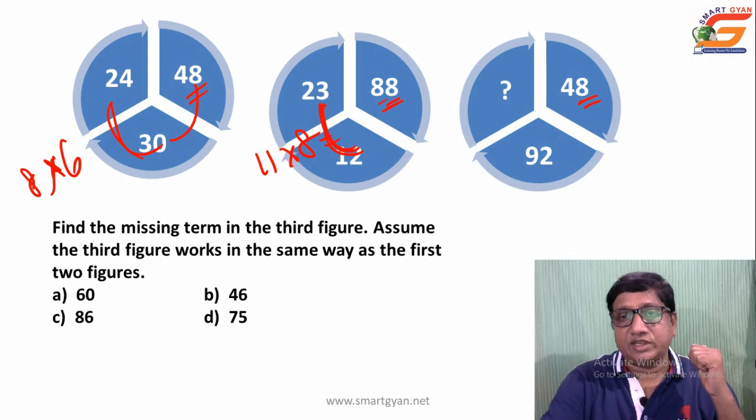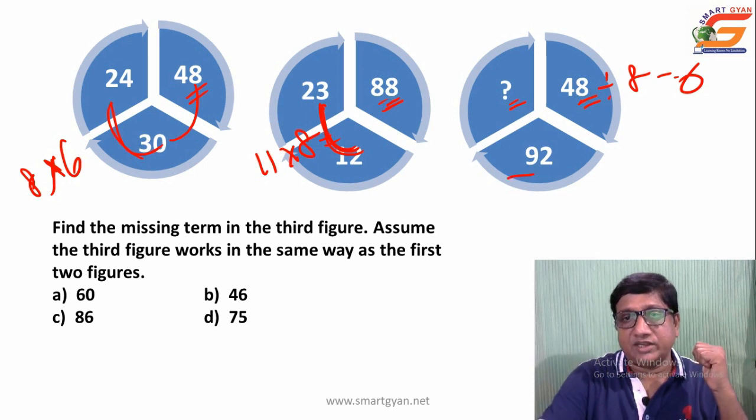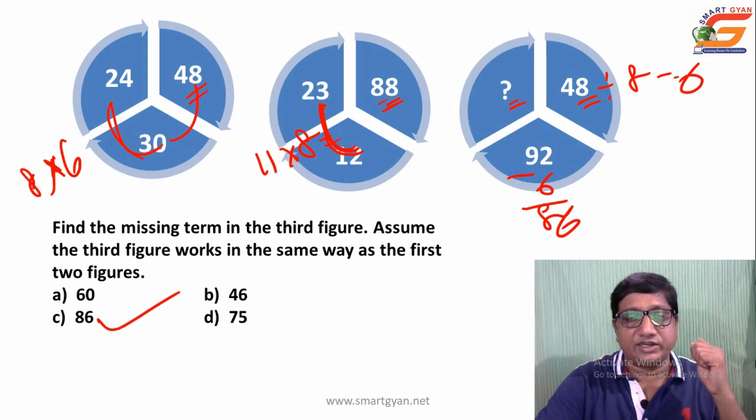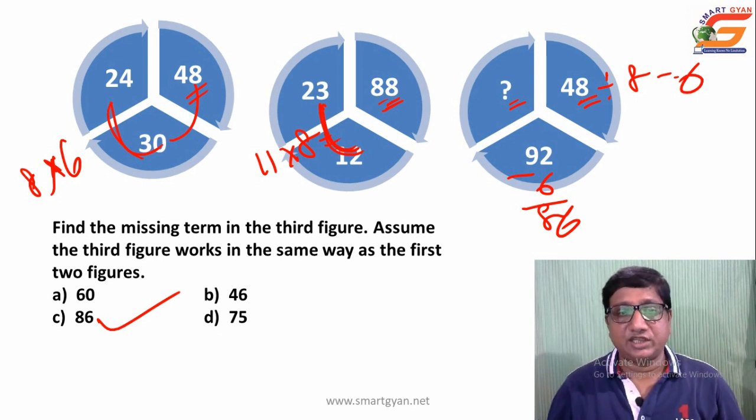So 48 divided by 8 is equal to 6, the difference between these two. So for 92, will it be plus 6 or minus 6? It will be minus 6, because this is the lower figure than these two. 92 minus 6 is 86. Yes, 86, that is choice C.